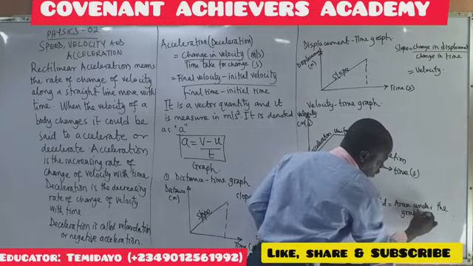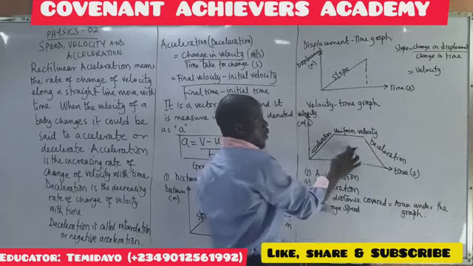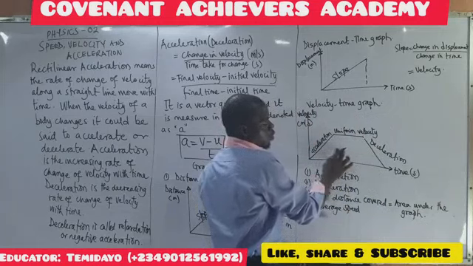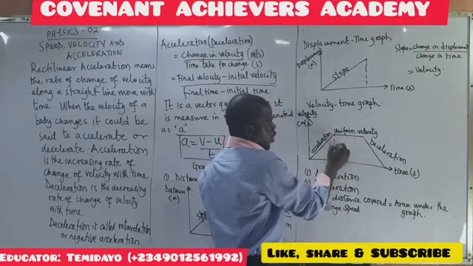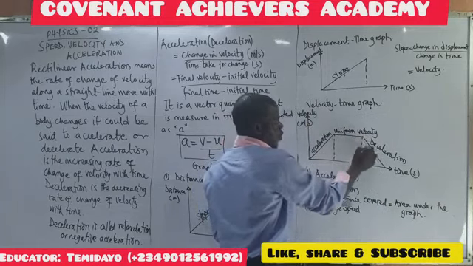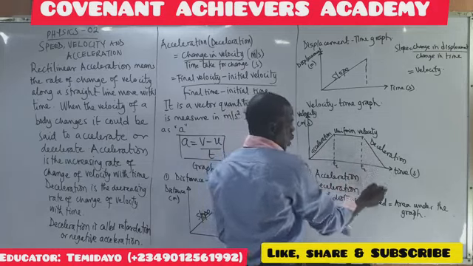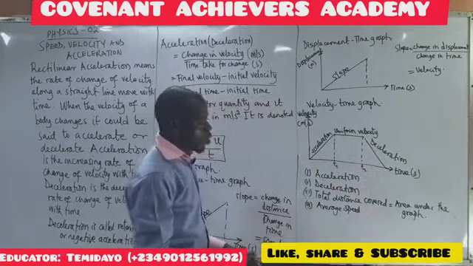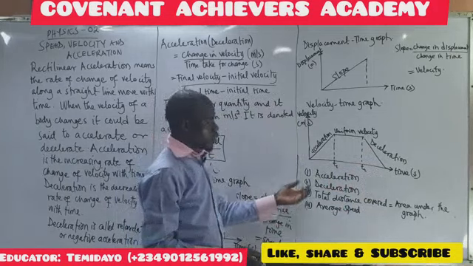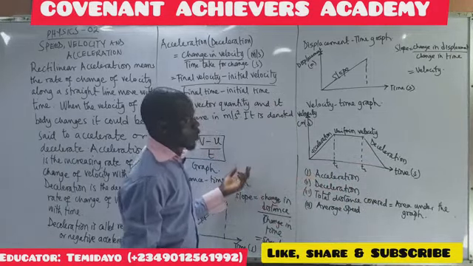And as you can see here, this is a trapezium, so this is a trapezium to determine the area of this graph. And you are given your time here, time t1, t2, and so on like that. So this is what we explain under the velocity-time graph.